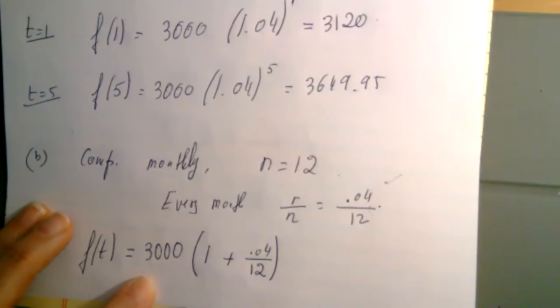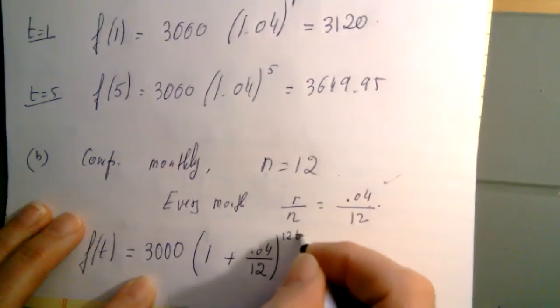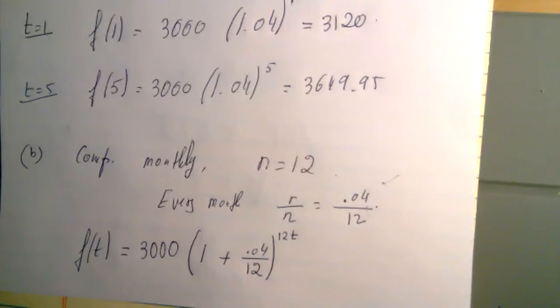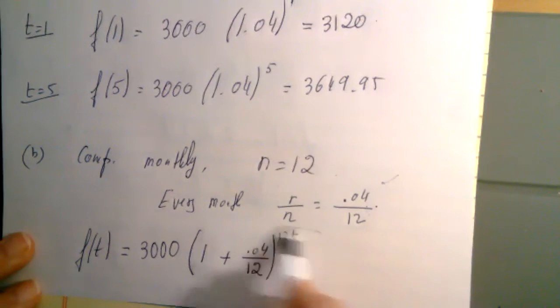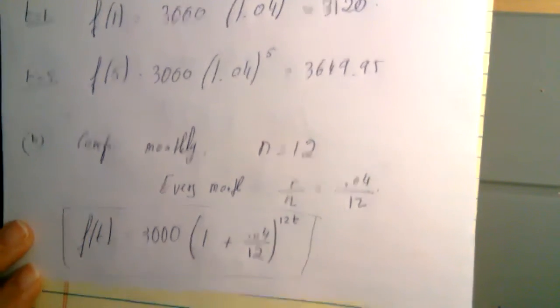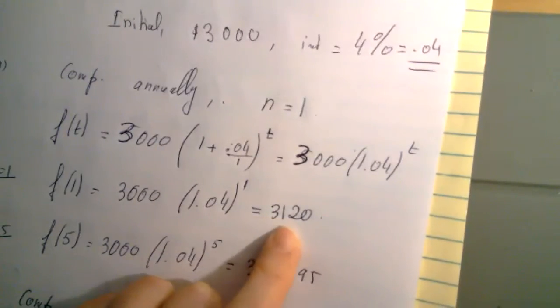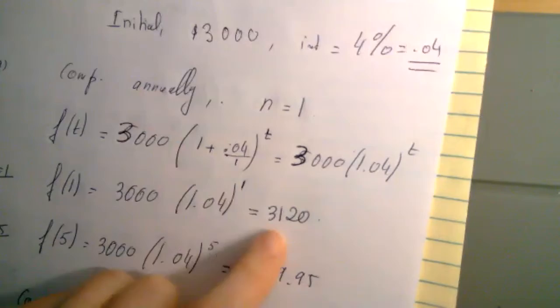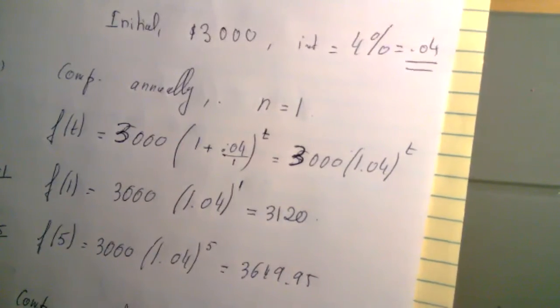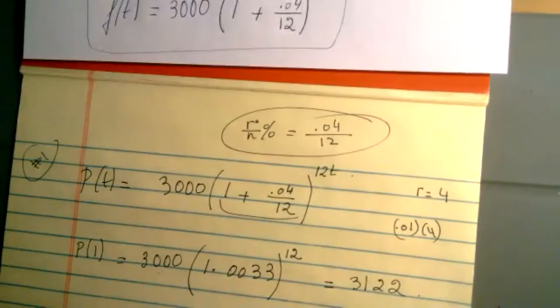To which power? 12t. It means 12 times t, whatever t is. So that's the formula in this scenario. Now we're going to find it after 1 year, and we should get more than we got with annual compounding because we're getting interest on the interest.